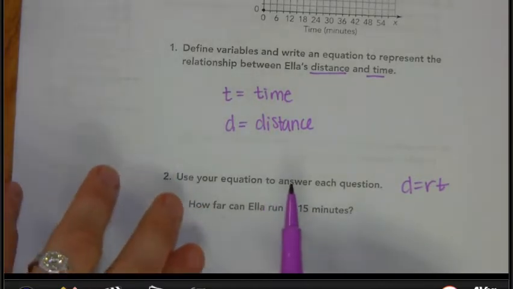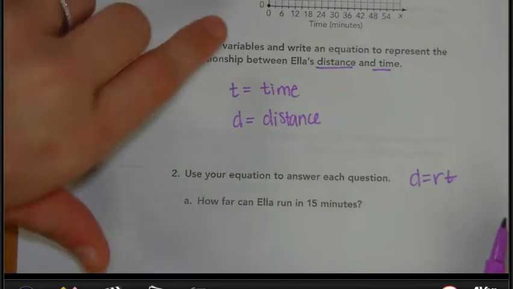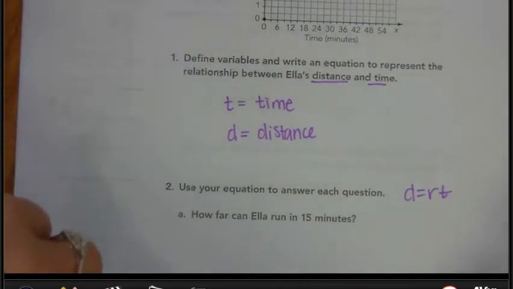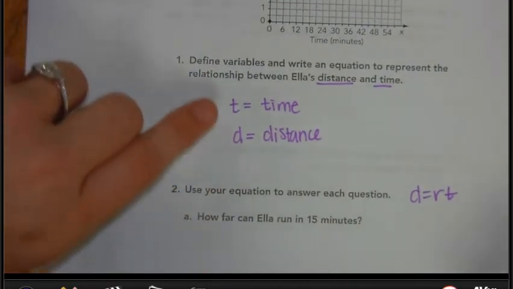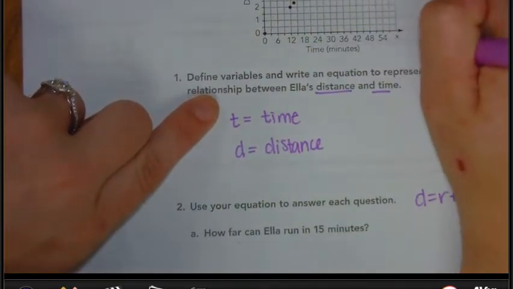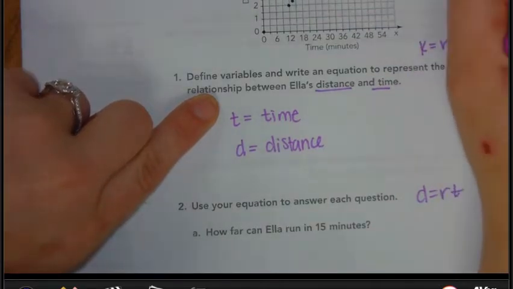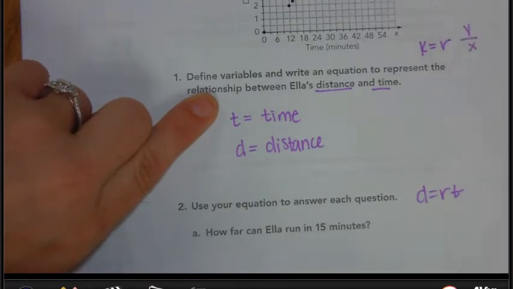And then what does it say? And then write an equation to represent Ella's distance and time. Well, I need to find my k value, or r, because remember, k is equal to r in our problem, and to find it, it's going to be y over x.